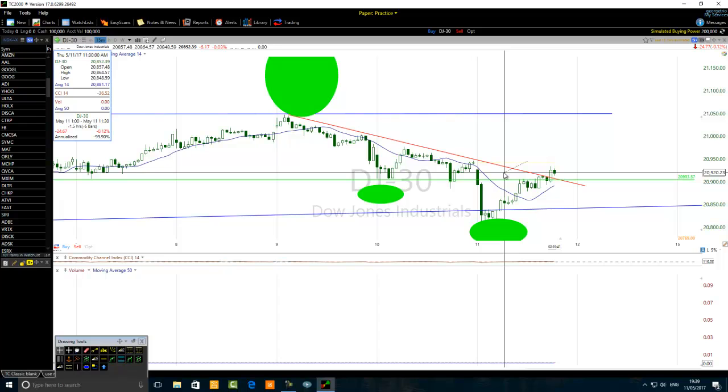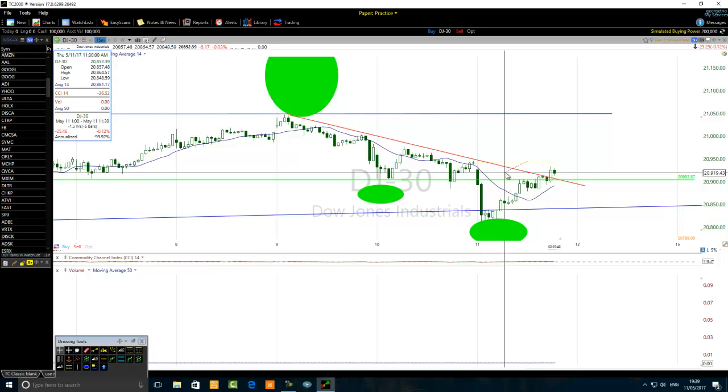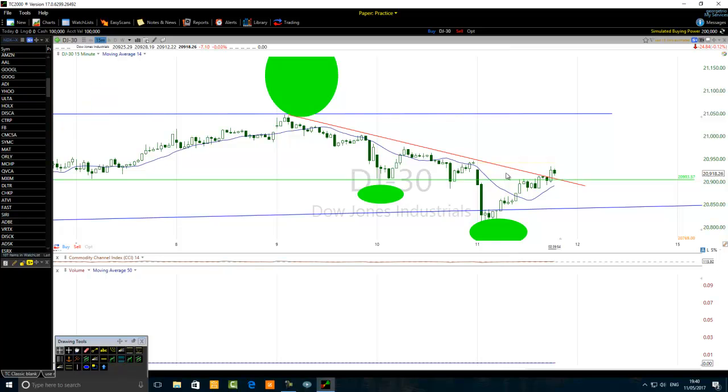Once that order is filled, I'll come back and set my stop loss. For Dow Jones, I'll use 15 pips. Sometimes I use even 20 pips because of the volatility of Dow Jones.